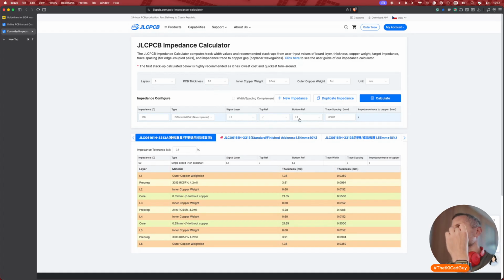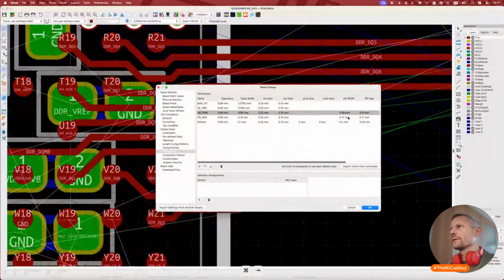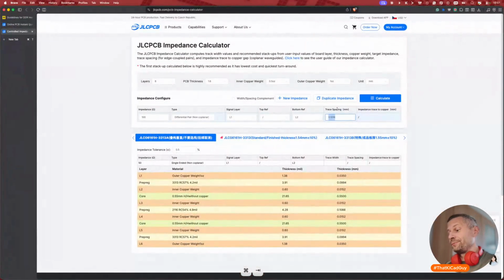Okay, again. Unit millimeters. Trace spacing, for me, it's ideally the same as the clearance, 0.09. I'm sorry, but I need it.